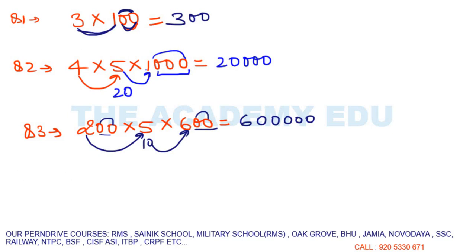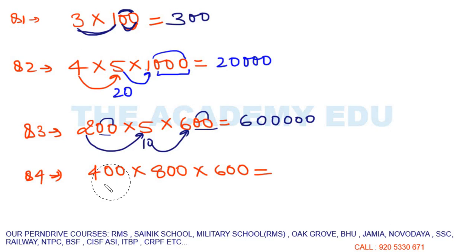Right? Take the fourth question. So suppose I have 400 multiply 800 multiply 600. Right? Now multiply this one. See what I will do.